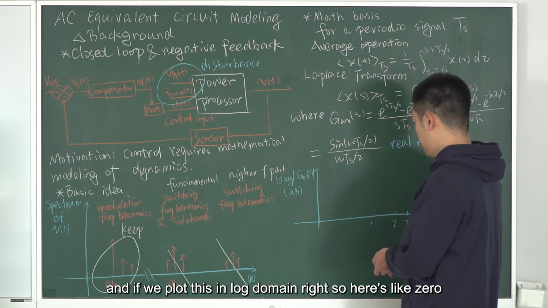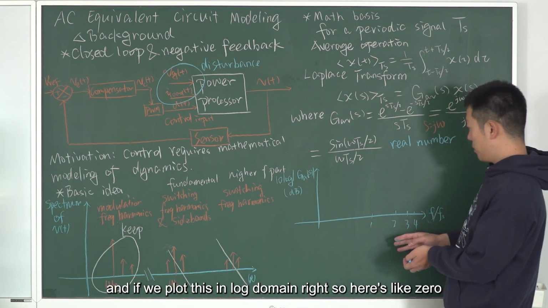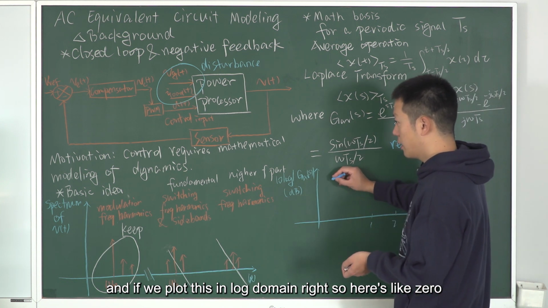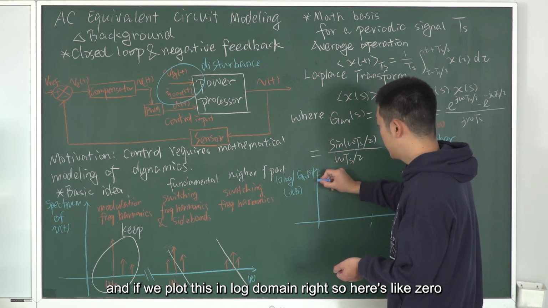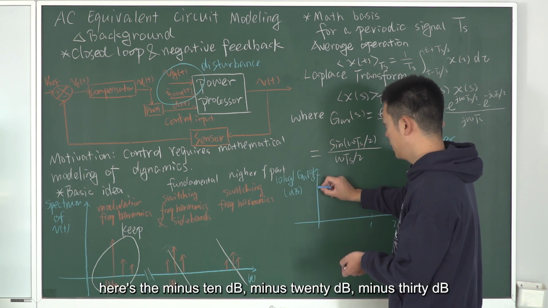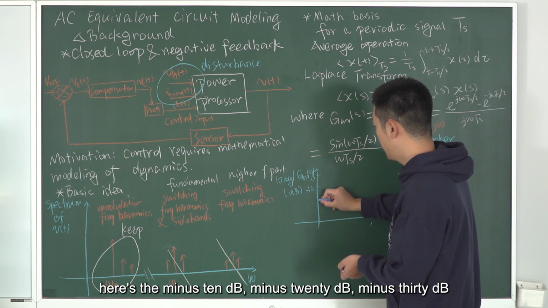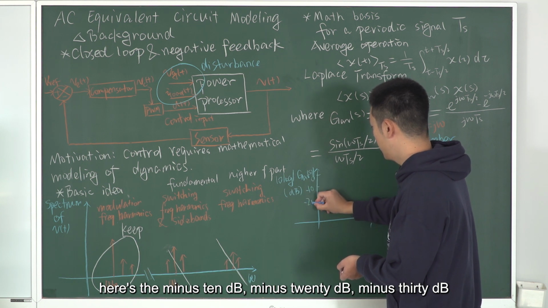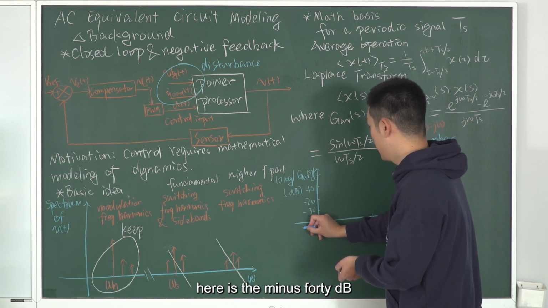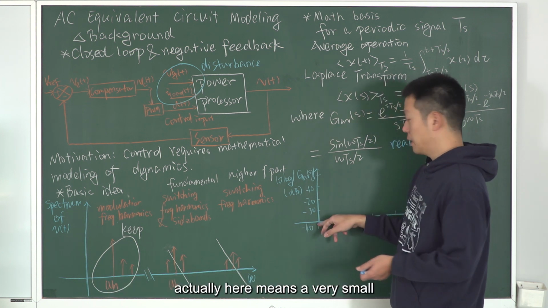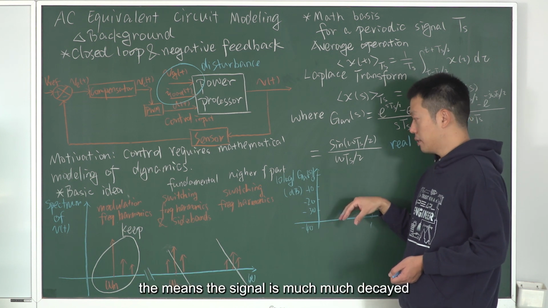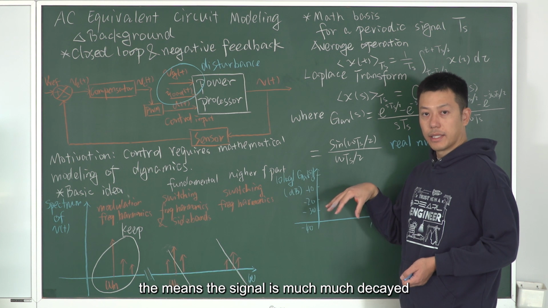If we plot this in log domain, here is 0, here is minus 10 dB, minus 20 dB, minus 30 dB, and here is minus 40 dB. This means a very, very small value, which means the signal is much decayed.